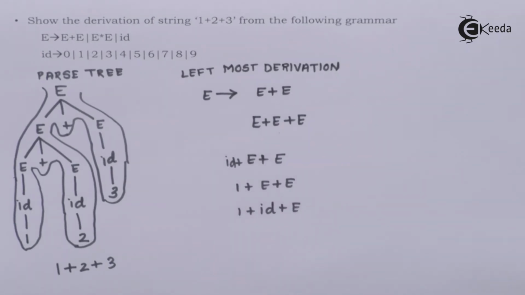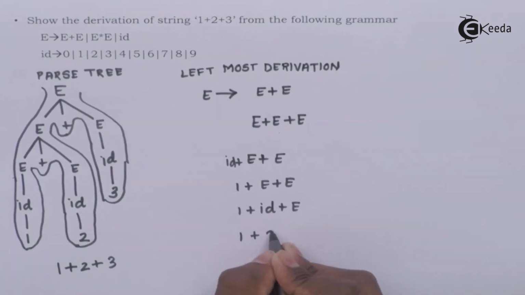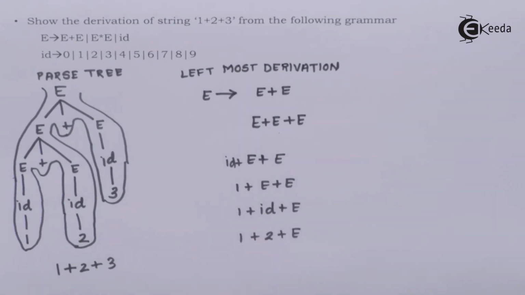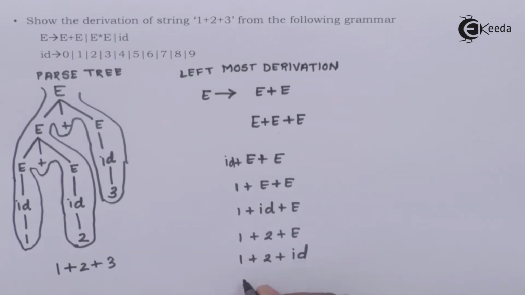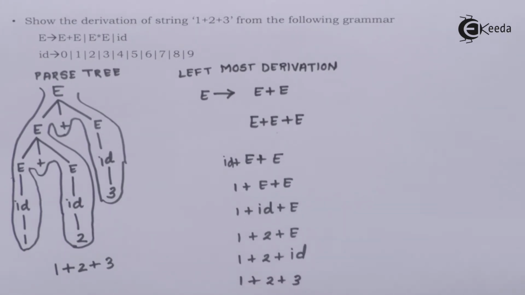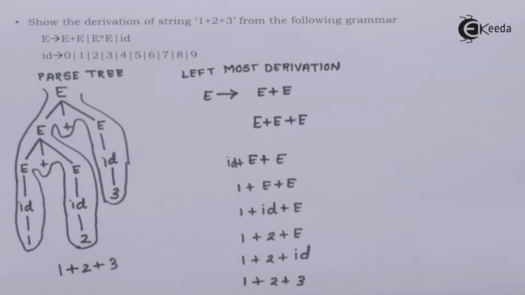The ID would be replaced with 2. Now third E is replaced with ID. And now we are producing the 3. You can see that we have produced the required string. We have produced the parse tree. We have completed the leftmost derivation.